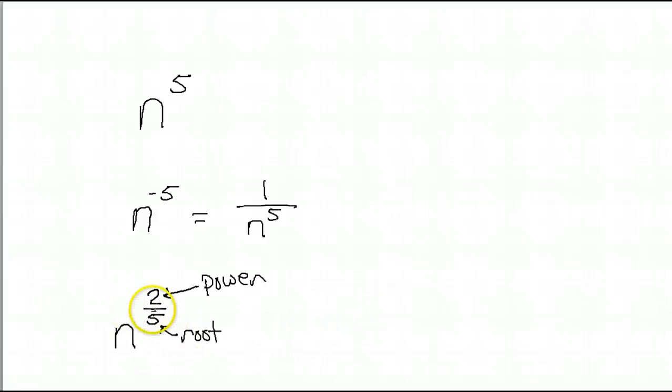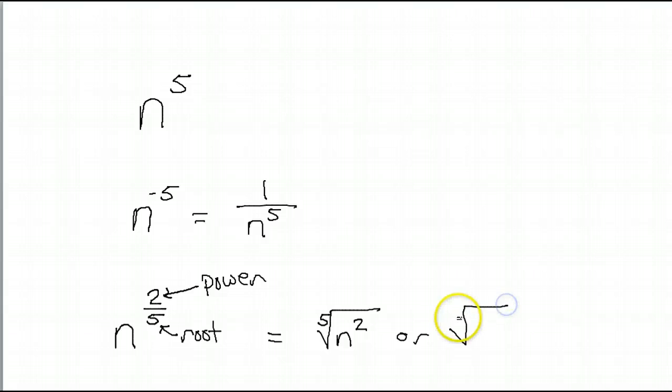So what I mean is, if you recognize that the denominator is the root, then we could rewrite this and it should be the same as the 5th root. Now this 2 I'm saying is the power, so you could have n squared, or you could have written it this way, with the 5th root of n, and then the whole thing could be squared on the outside. Either way, it means the same thing.